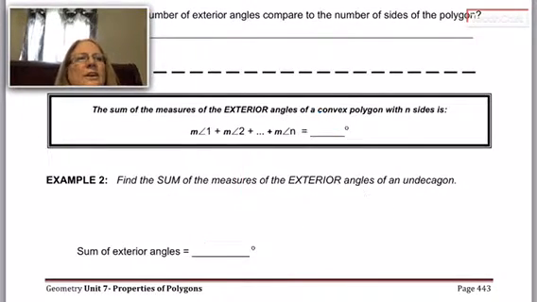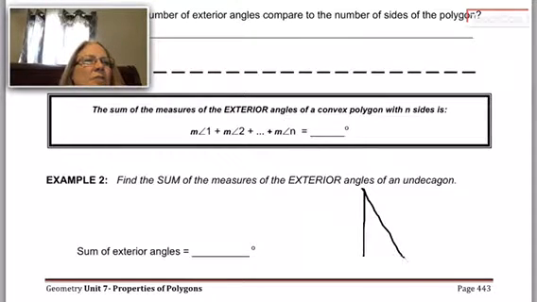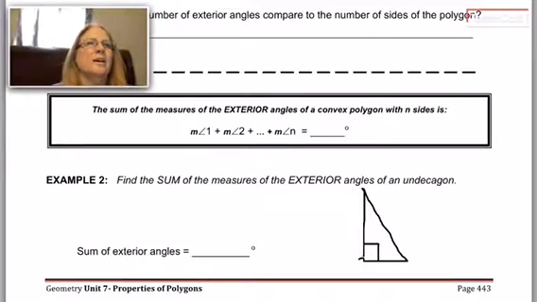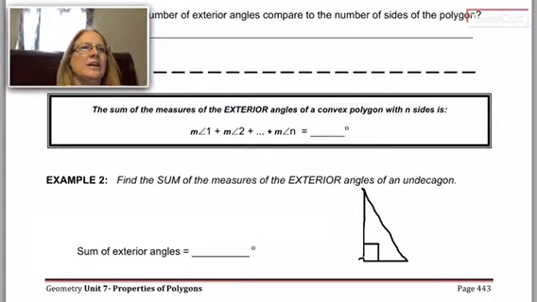Okay, let's look at another example. Let's look at a triangle. This triangle, I did not draw a regular triangle because it doesn't have to be. It doesn't matter if it's regular or not. The sum of the exterior angles is still going to be 360. So let's pretend this is a 30, 60, 90 triangle, and let me extend these sides.